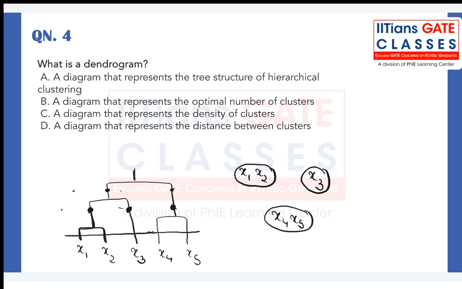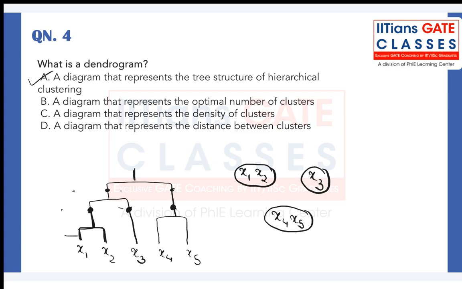So you will say, hey, I can go a bit up. So I can consider the other line. So the dendrogram helps you to do that, right? The dendrogram helps you to calculate the clusters once you have done the calculation. Okay. So this hierarchical tree structure that is present here is called the dendrogram. So option A is the correct answer to this question.